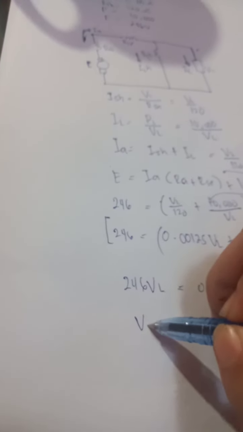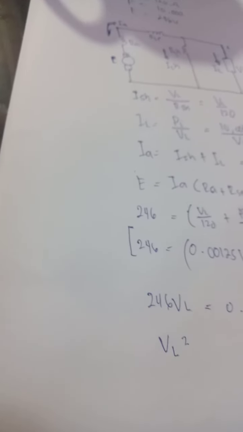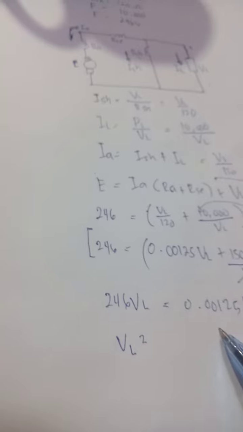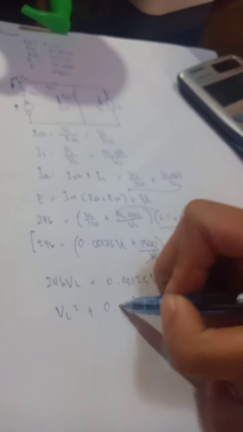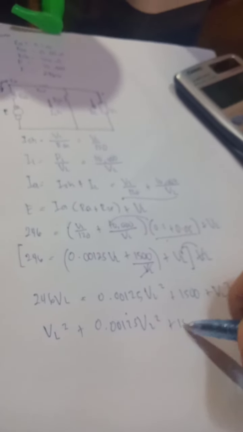Now it's a quadratic equation, so let's arrange it. VL squared plus 0.00125 VL squared plus 1,500 minus 246 VL equals 0.